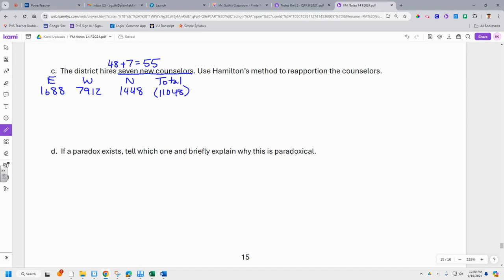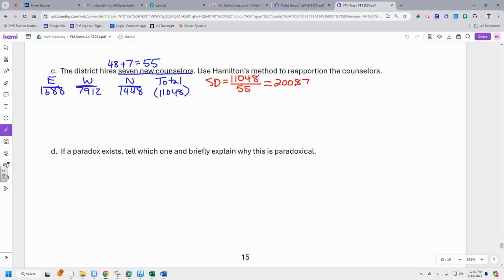All right, so that's east, that's west, that's north. If we're going to do Hamilton's, we need to find that standard divisor. Standard divisor is the total population divided by the number of items. When I do that division, that gives us about 200.87.